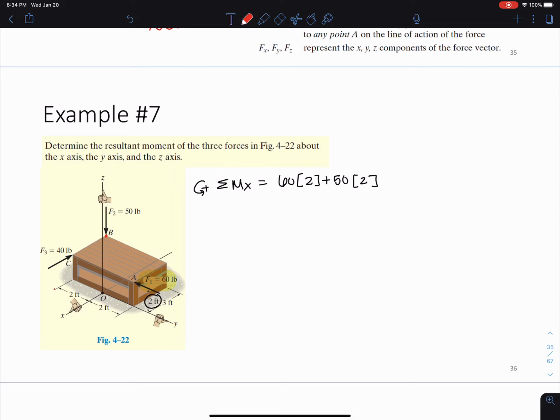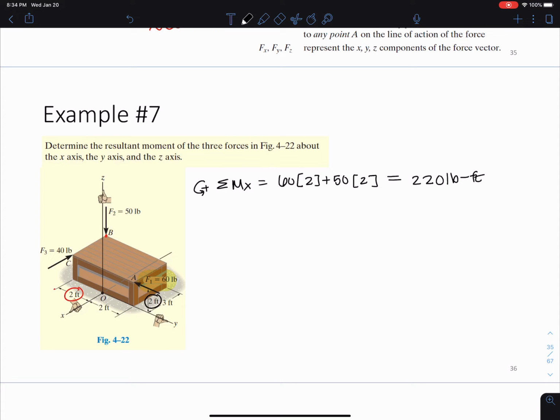I might be making it more complicated with that drawing. But the corner acts 2 feet away from the X-axis. And then plus 0 from that 40-pound force, because that acts through the same point. We don't act any distance away with the last force there. So that's going to be equal to 220 pound-feet in the X direction.